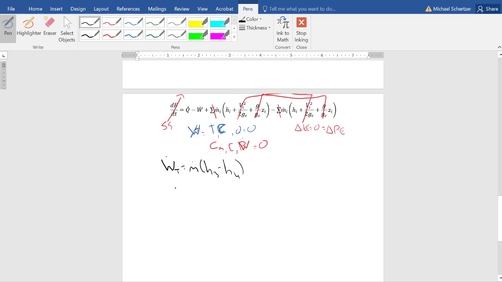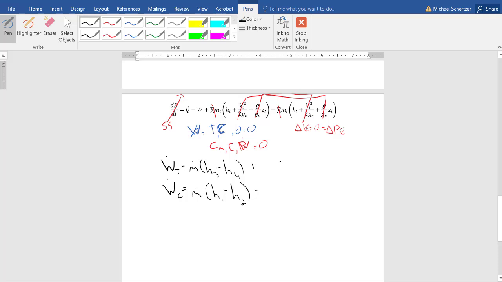For the compressor, W dot C is also going to be m dot times h in minus h out, but now the inlet is h1 and the outlet is h2, so h1 minus h2. Here we expect the turbine power to be positive and the compressor power to be negative.